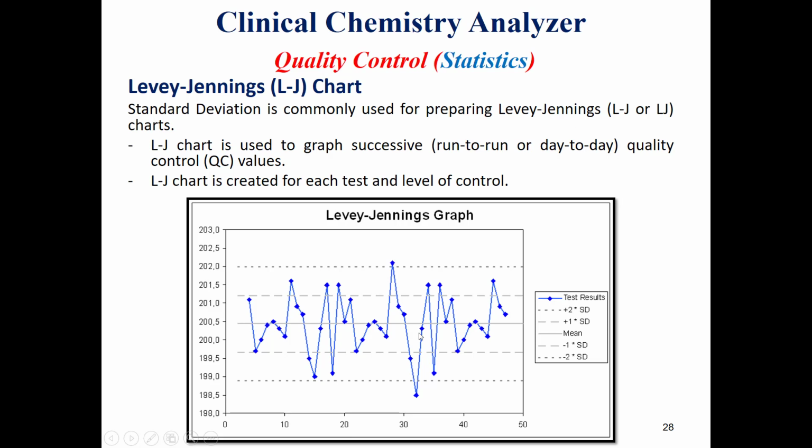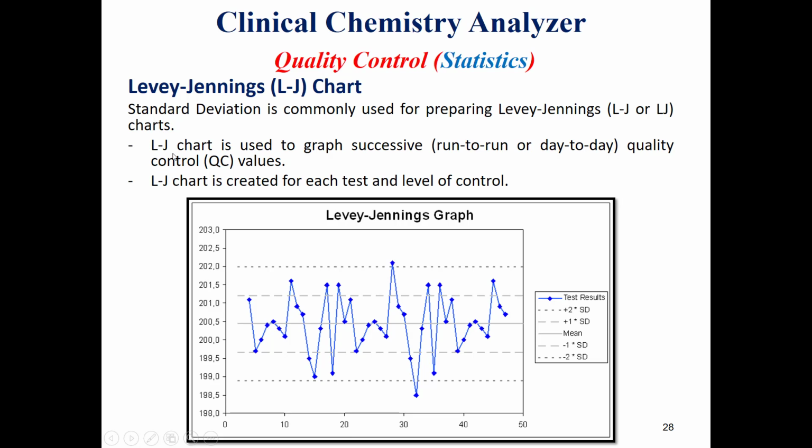So we have firstly the mean, and then we have the plus and minus standard deviation values: plus or minus 1, plus or minus 2, and plus or minus 3. And we record the quality control values at different periods. Sometimes we should perform quality control maybe daily or twice per day.